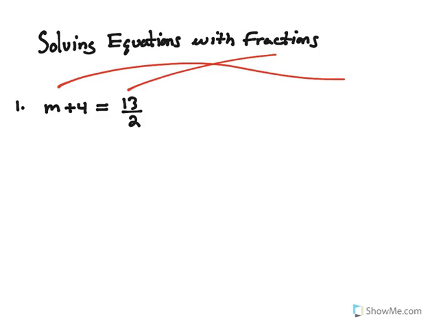So for problem number 1, the only fraction that we see is 13 over 2. So the common denominator has to be 2, because that is the only fraction that we see. So this is going to be your least common denominator, which is also known as your common denominator, and it's also known as your LCM, which all mean the same thing, okay?